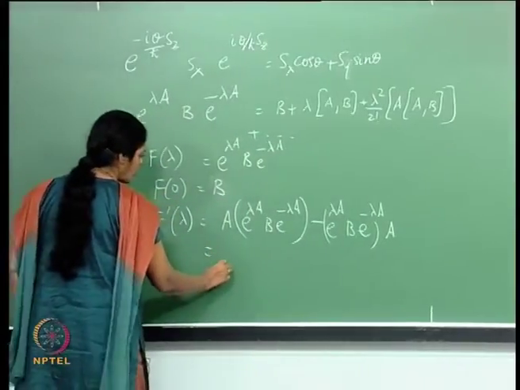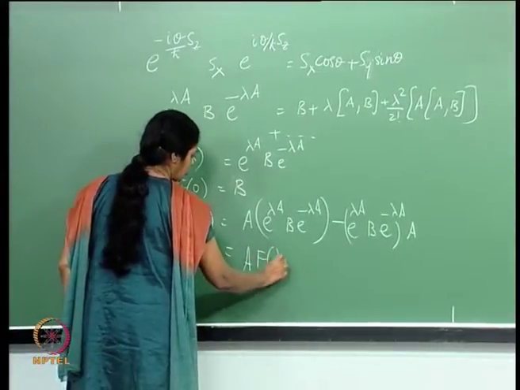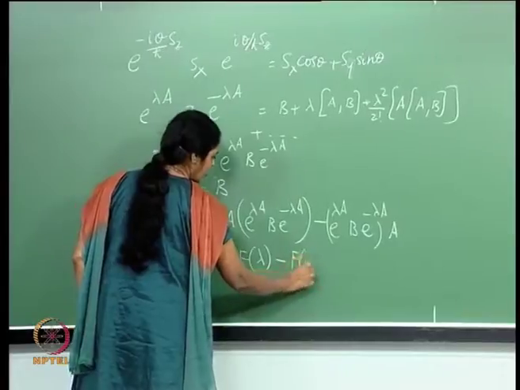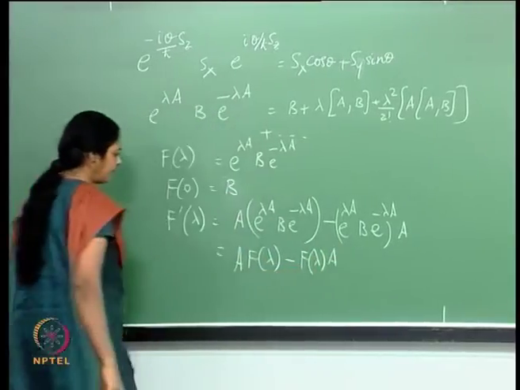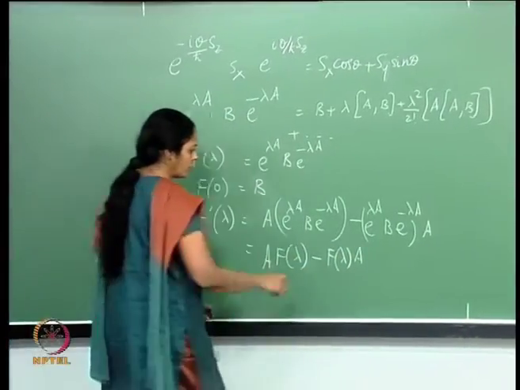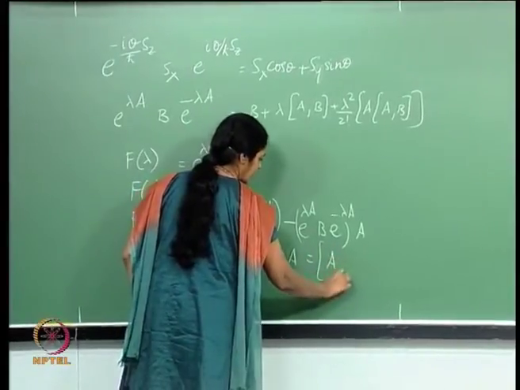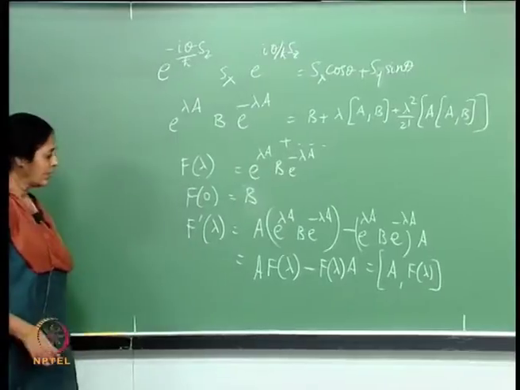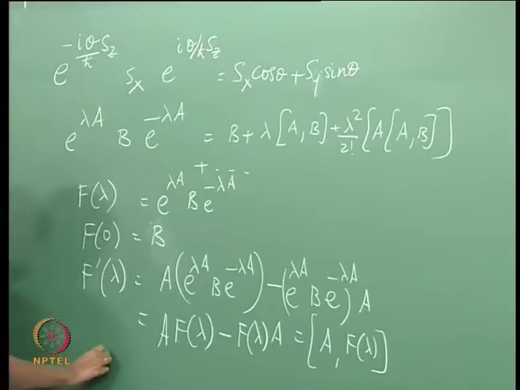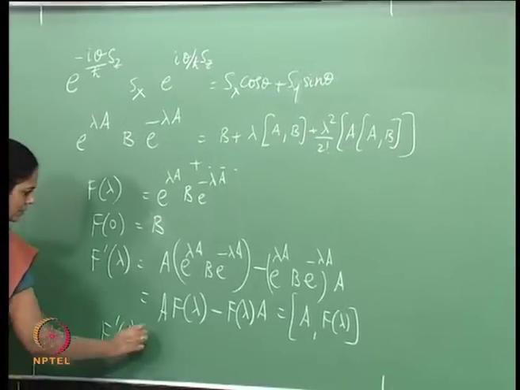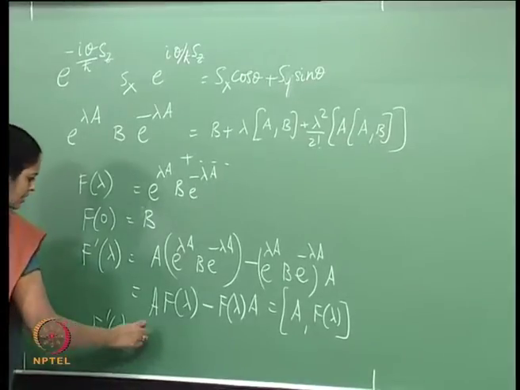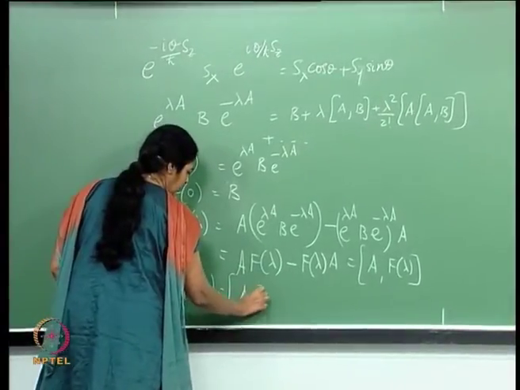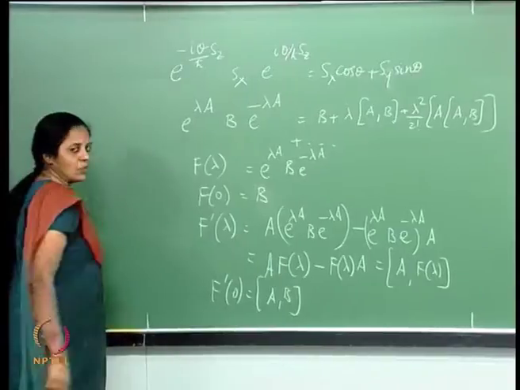And therefore, this object is a f of lambda minus f of lambda a. It is a commutator of a with f of lambda. It is clear that f prime of 0 is simply the commutator of a with b, because f of 0 is b.